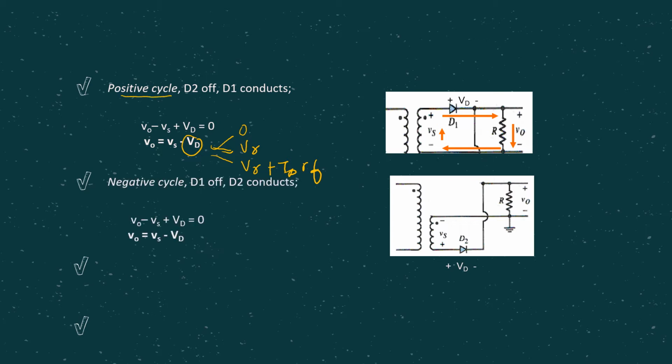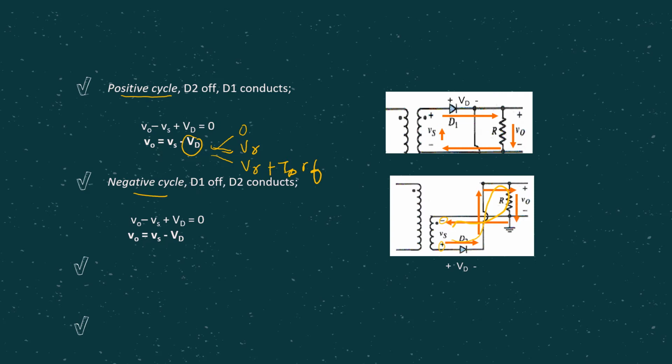Then for the negative half cycle, we need to consider this loop. The first loop, involving D1, is not shown because it's an open circuit. For the negative half cycle, we represent Vs by negative and positive like this, so D2 will be on and D1 will be off. If we do KVL, it's about the same KVL equation.